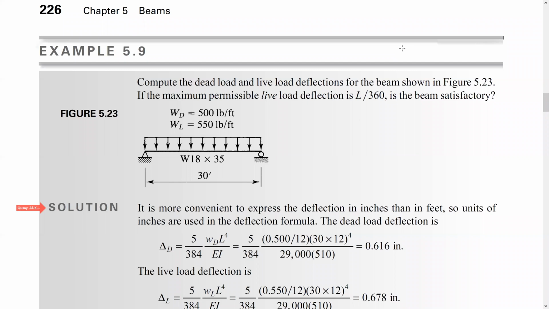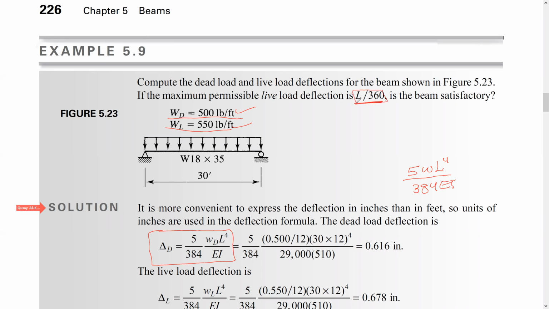I just mentioned that the maximum deflection for a simply supported beam loaded with a uniform distributed load is 5wL to the power 4 divided by 384EI. Right now we have dead load and live load, so we will check that for dead load and then for live load. But in this example, we just have the limit for live load.